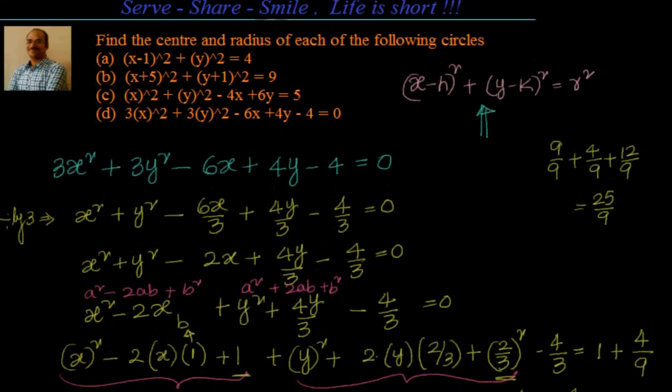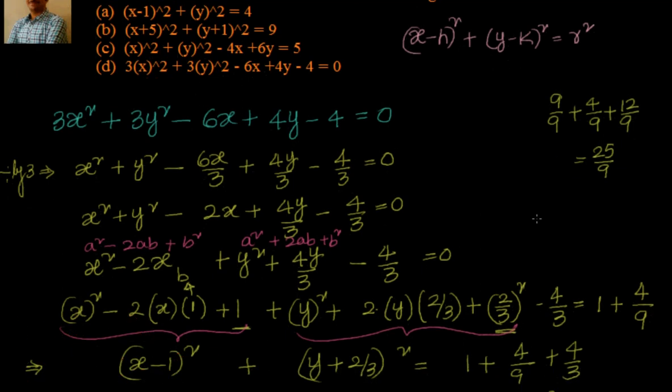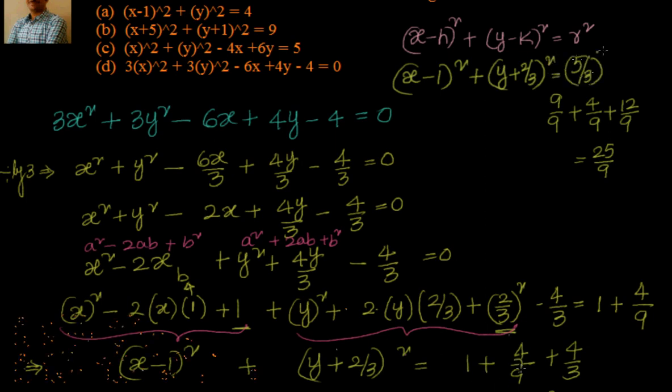So we'll go back and compare now with the equation that we need. We need x minus h whole square plus y minus k whole square equal to r square. So I'll substitute there. What I have now is x minus 1 whole square plus y plus 2 by 3 whole square equal to 5 by 3 whole square.